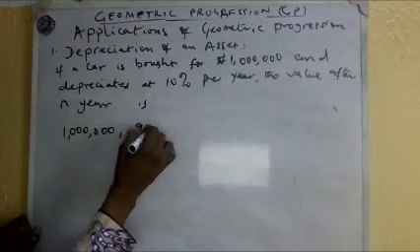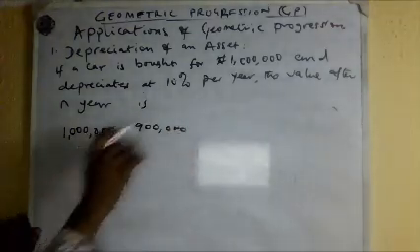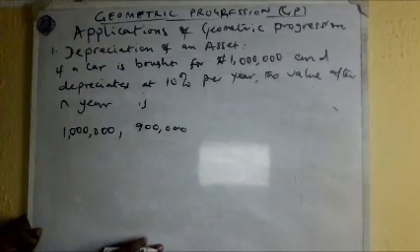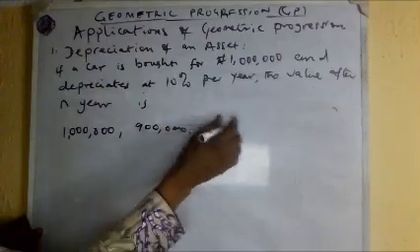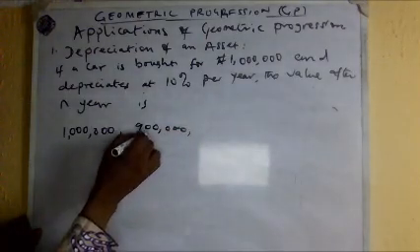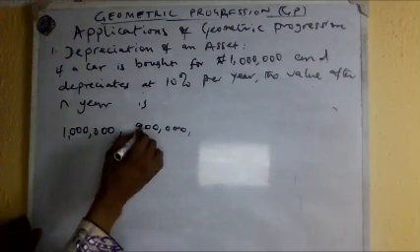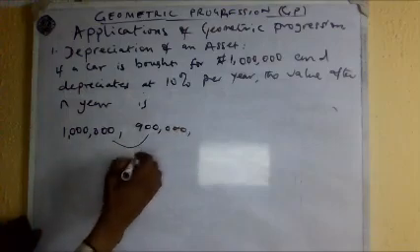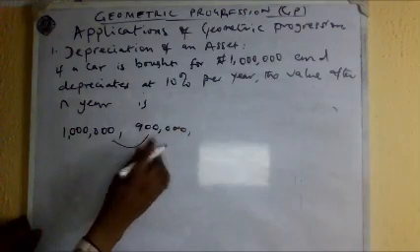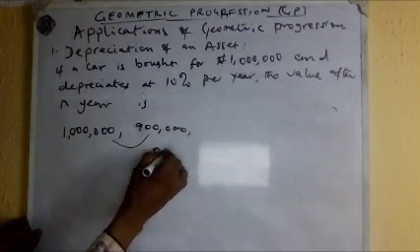Depreciation is going down, because 10% is taken off, and so on and so forth. The common ratio here is this over this, which gives 0.9.